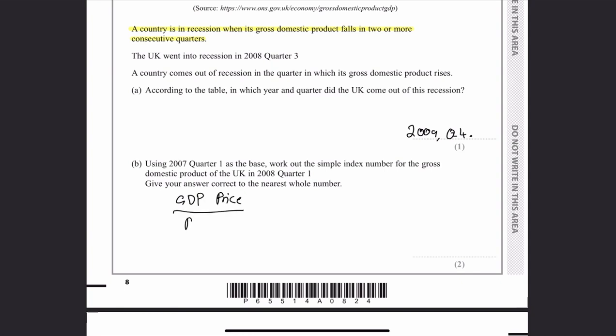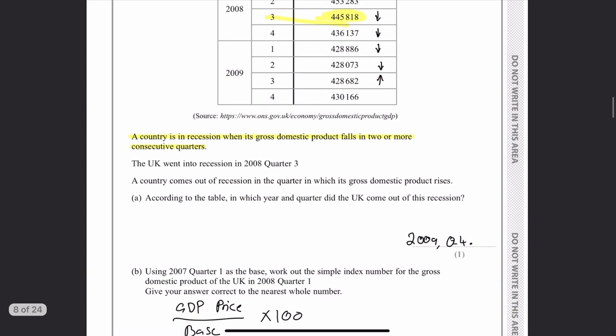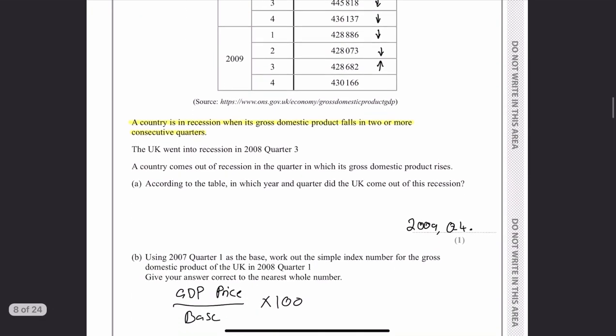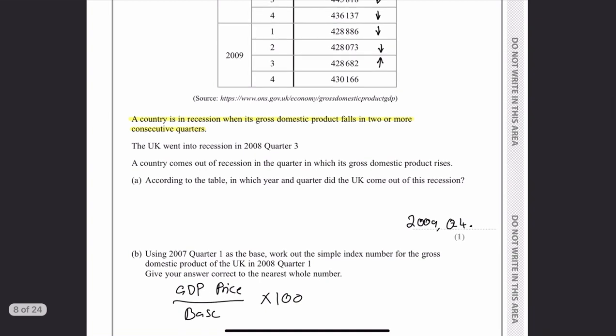You divide it by your base, and you times it by 100. So we're interested in 2008 quarter 1. So we have our 456,663. We're going to divide it by our base year, which is 2007 quarter 1.